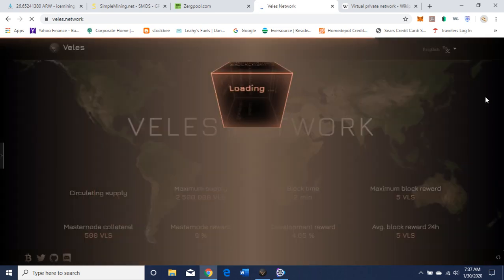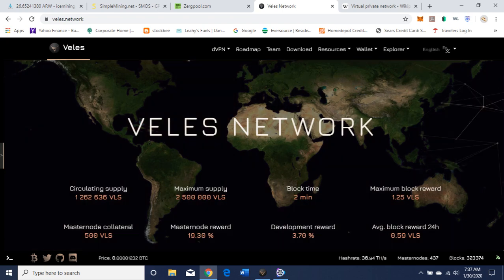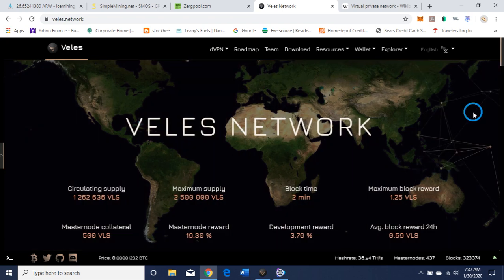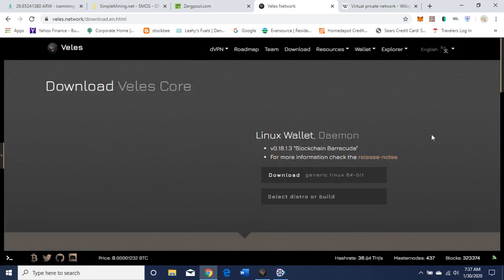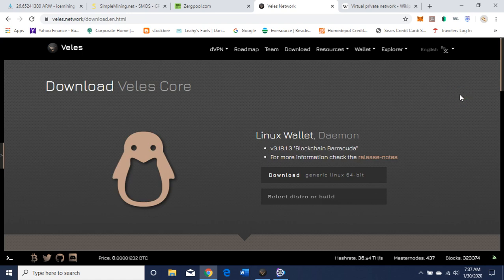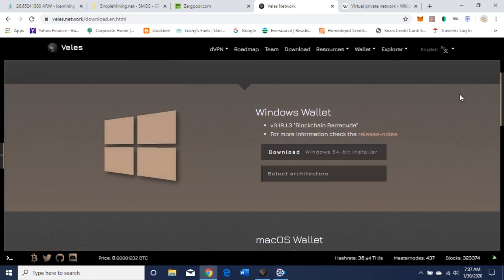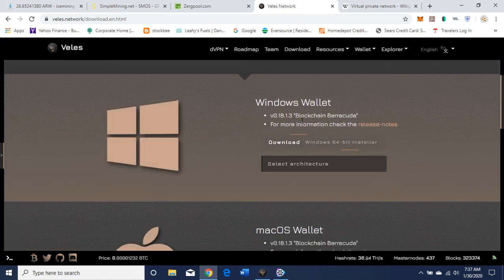So here it talks about, again, the circulating supply right off the bat. Okay, here's the wallet. Download wallet. Here's the Linux wallet. And the Windows wallet. This is what I was looking for. Sorry about the delay. And this is what I did. Downloaded the 64-bit Windows wallet. All right, let's get going on how to mine it.